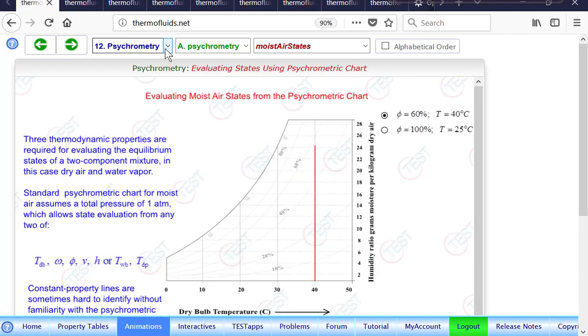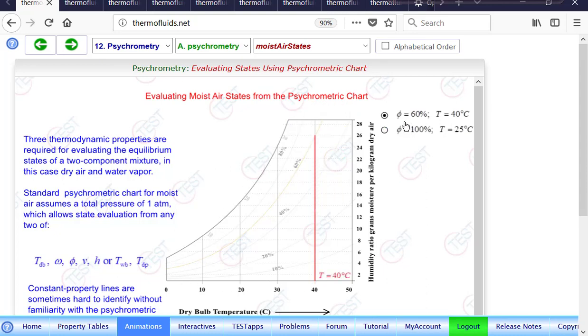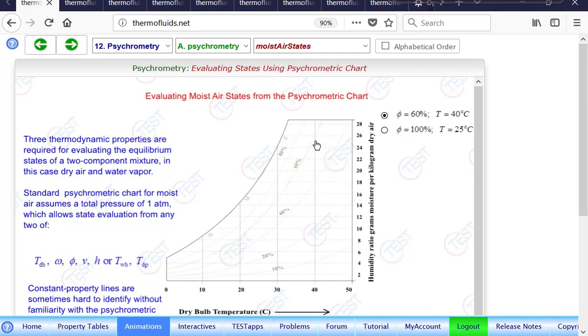In this slide, you can see that, for instance, using a psychrometric chart to find a state, suppose relative humidity is given as 60% and temperature is 40 degrees Celsius. So you have the temperature axis, and the relative humidity lines are here, 60%. That's how you pin down a state and find properties from all the other axes.